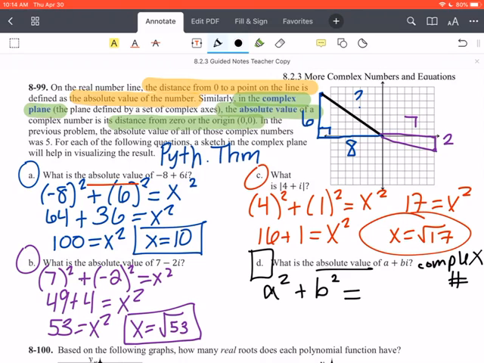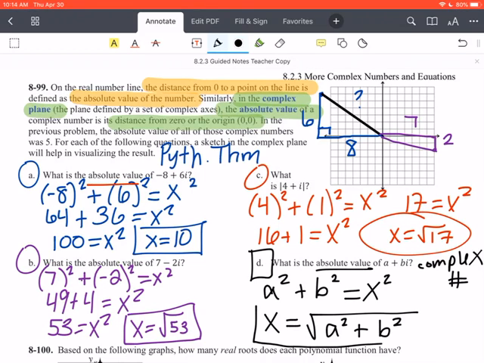And that is going to give us the absolute value squared. So after we take a squared and b squared and add them together, how do we undo a square? We have to take the square root. So if you look up, how do I find the absolute value of a complex number? This is what it's going to show you. We would have to square root the sum of a squared and b squared. This is the key idea.